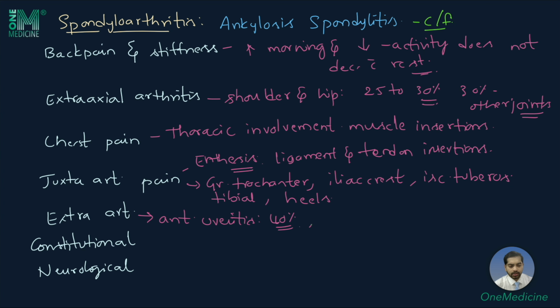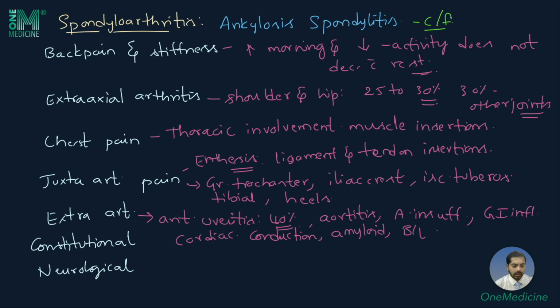Extra-articular manifestations can be anterior uveitis in the eye, which can be seen in up to 40% of the patients, aortitis, aortic insufficiency, GI inflammation, cardiac conduction defects, amyloidosis, and bilateral pulmonary upper lobe fibrosis.